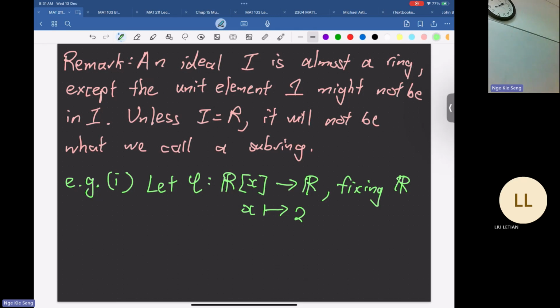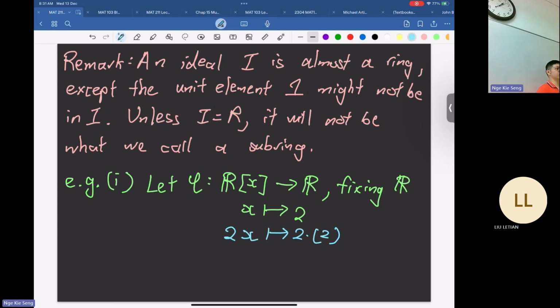But I say I fix R, meaning all the R goes to R. So for example, under this map, 2x will move to 2 times 2. I just tell you where the generators go, and then it extends naturally using the homomorphism property.